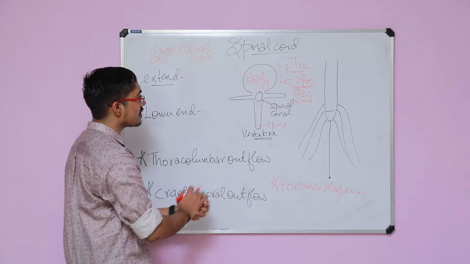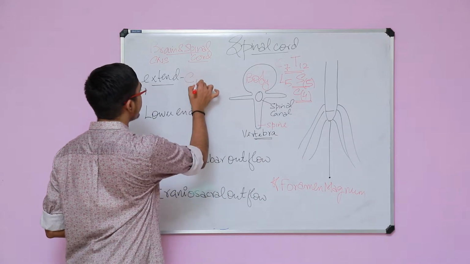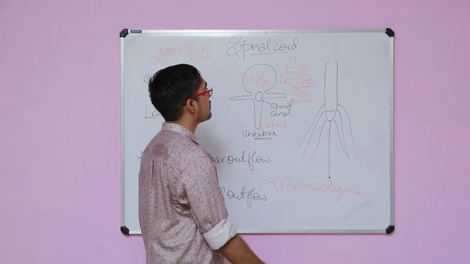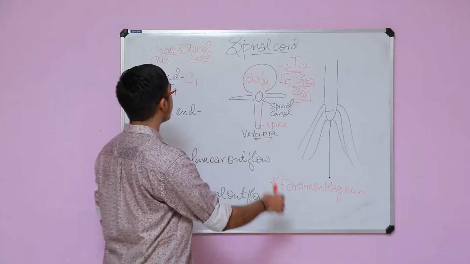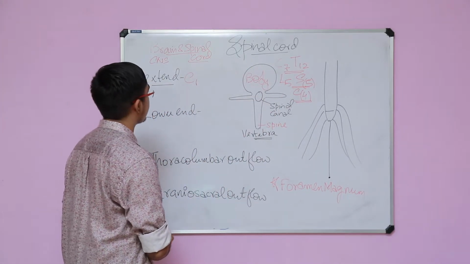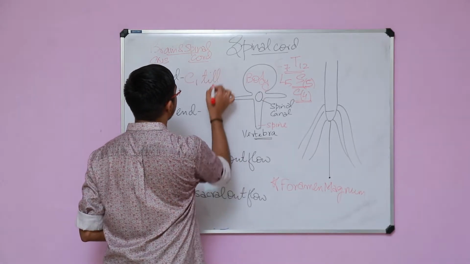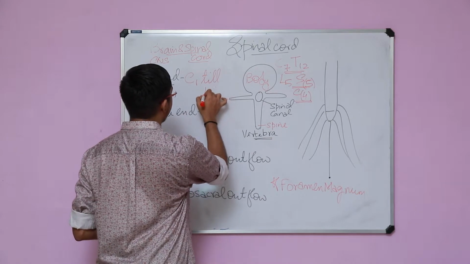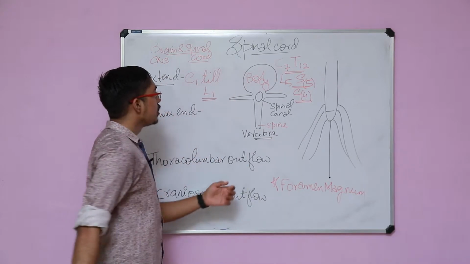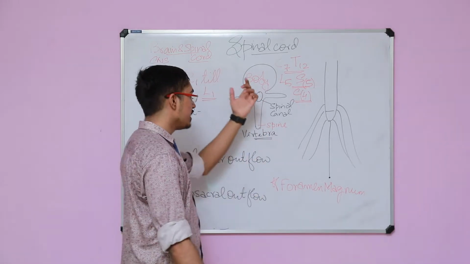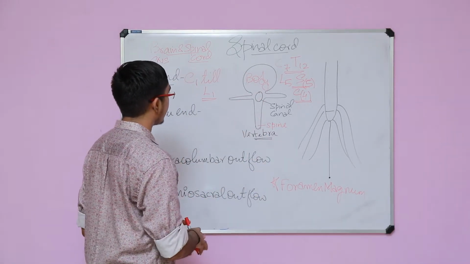So what is the extent of the spinal cord? It is coming from the first cervical vertebra, that is the first vertebra of these 7 vertebrae, the topmost vertebra over here, which we call the atlas, till where is it ending? That is L1. See, at the lower border of the L1 vertebra, so till the level of the lumbar vertebrae, it is extending till there, right?